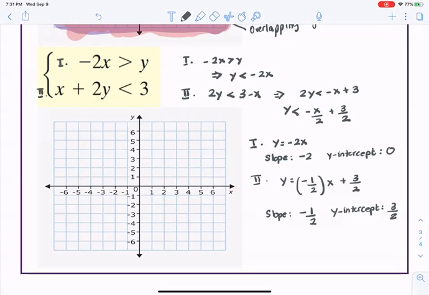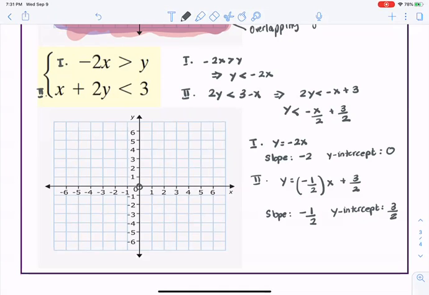So we will start with the first inequality. And when I mark the points, I'm going to be careful here because neither of them have an equal sign. So they are strictly greater than and strictly less than. So I'm going to start with open dots. So the y-intercept is 0 for the first one. So I'll just put an open dot there.